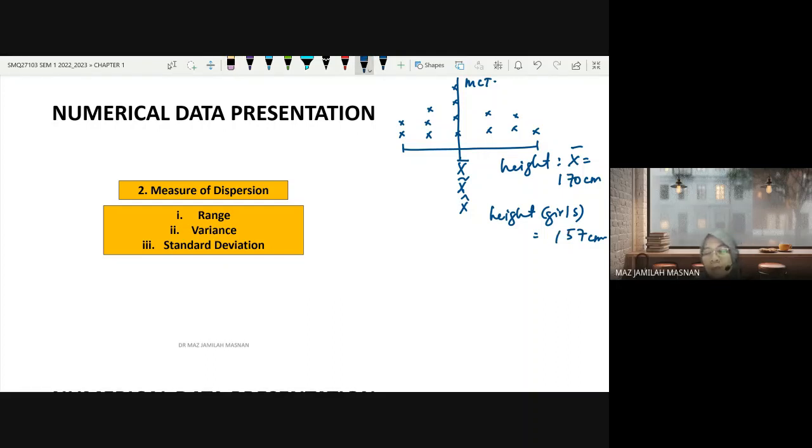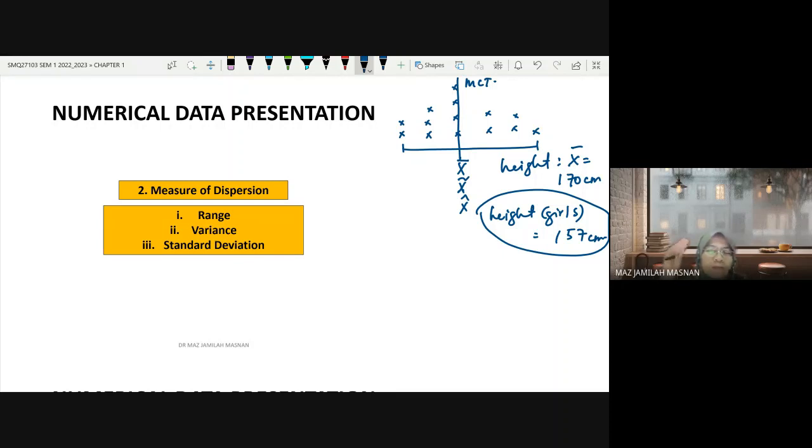So, class, in this particular case, this is where the measure of central tendency is not enough to describe your data. Can someone repeat my last words? Why is measure of central tendency not enough to describe our data? Someone, please. Class, come.